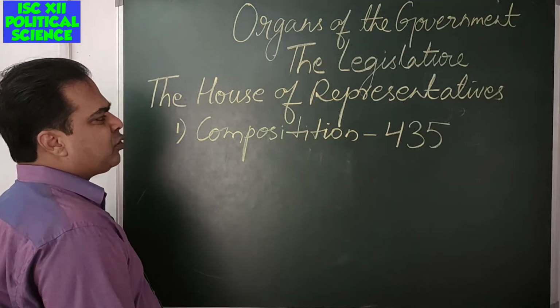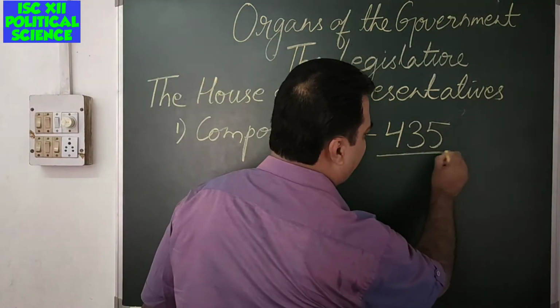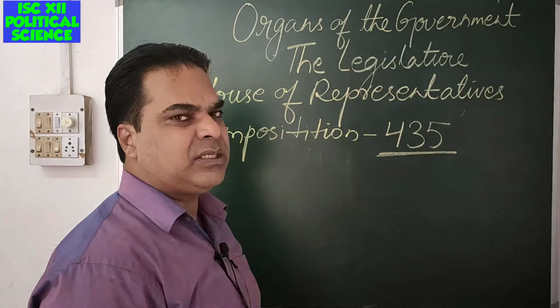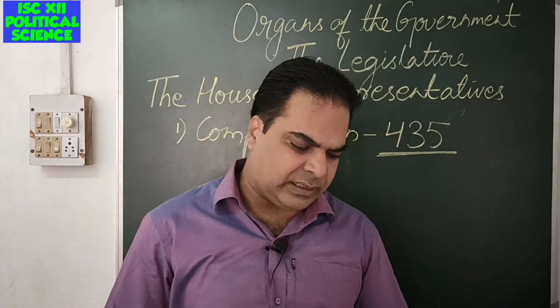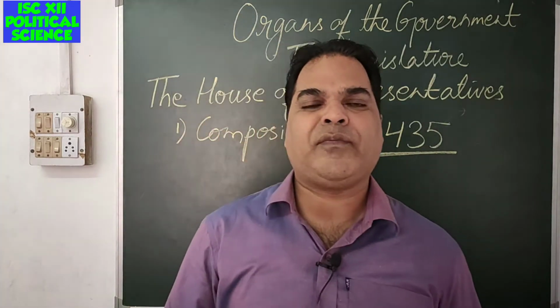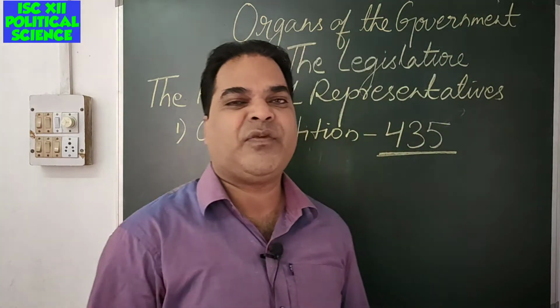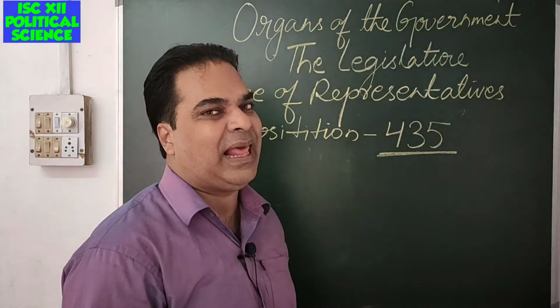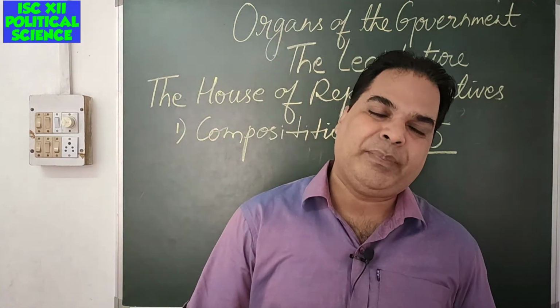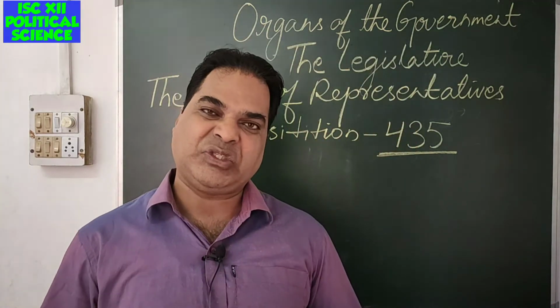What is the composition of the House of Representatives? 435. That means it is generally agreed that the strength of the House of Representatives is 435, and these 435 people are elected by the people of the 50 states.